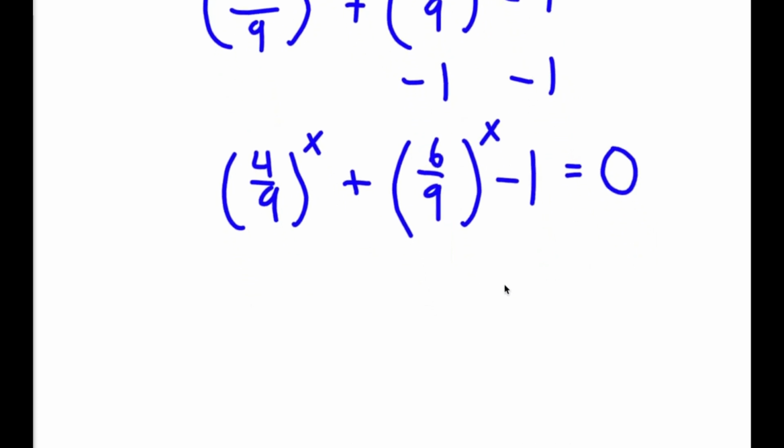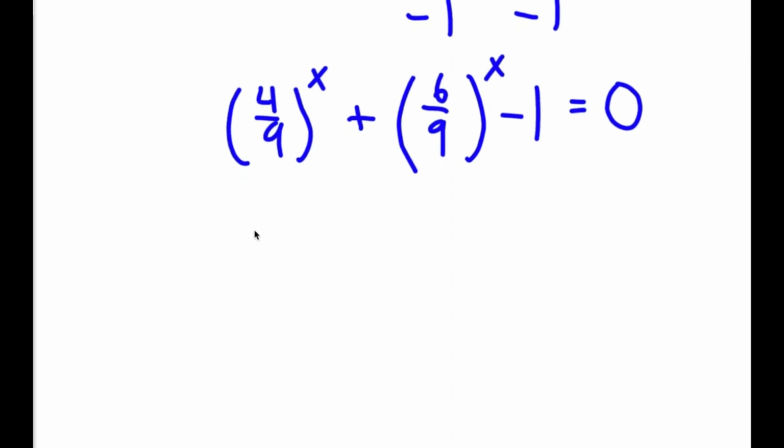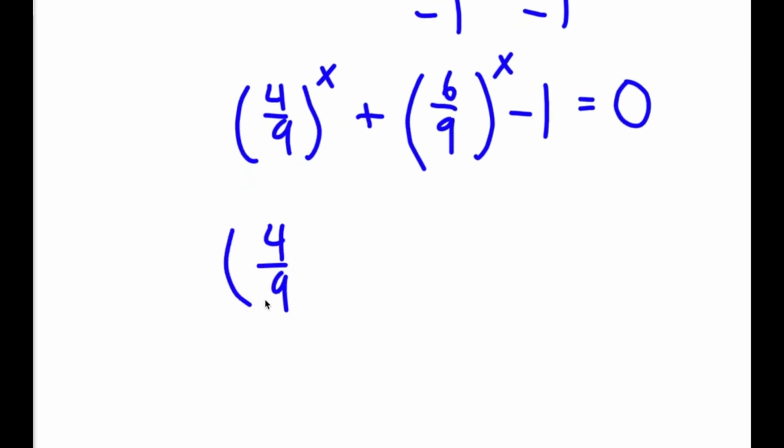Now, I can simplify 6 over 9 here. 6 over 9, a common factor of these two is 3. So 3 times 2 would be 6, and 3 times 3 would be 9. So 6 over 9 would be simplified to 2 over 3.